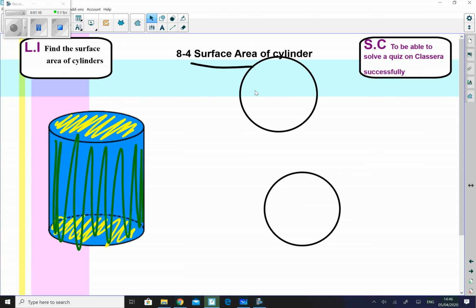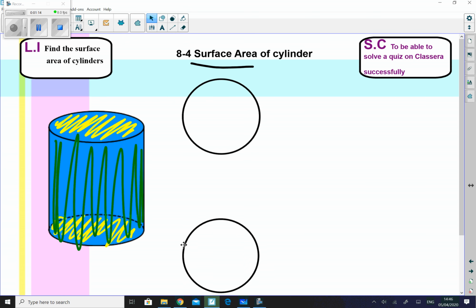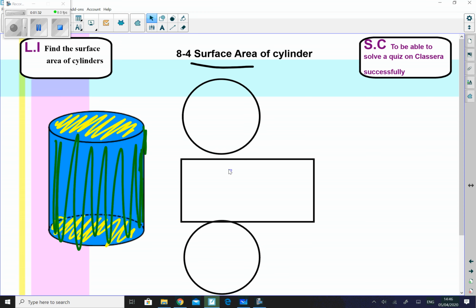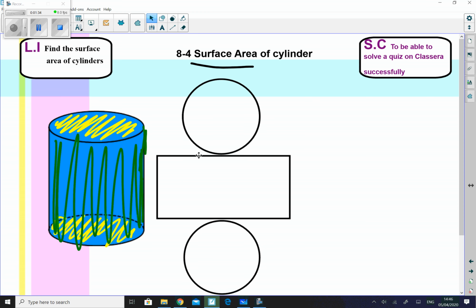And what about the lateral area? If you cut it from this side and then open it and stretch it, it will be a rectangle like this. So that's the net of a cylinder.